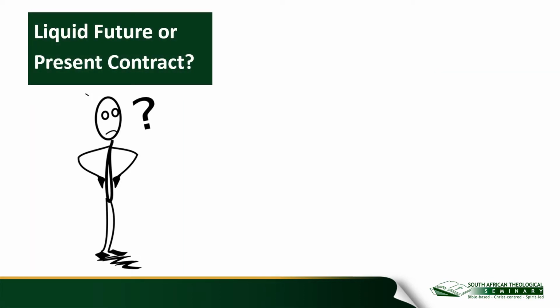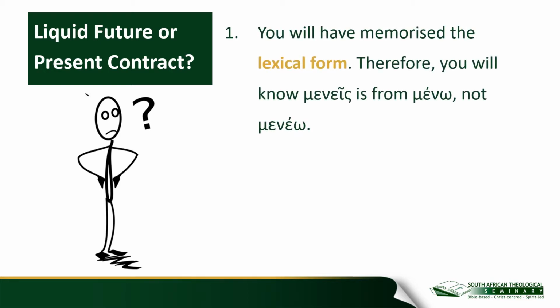The contractions in a liquid verb cause it to look similar to a present contract form. This begs the question, how can we distinguish a liquid future from a present contract verb? There are two clues. Firstly, you will have memorized the lexical form. Therefore, you will know that meneis, for instance, is from menō and not from meneō.